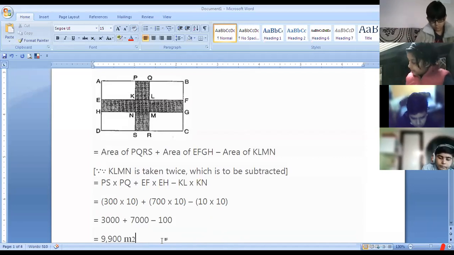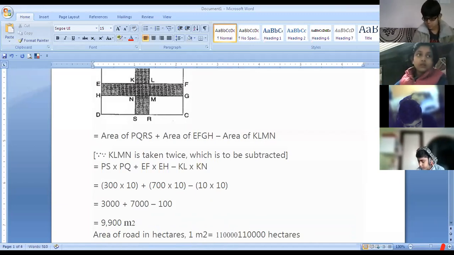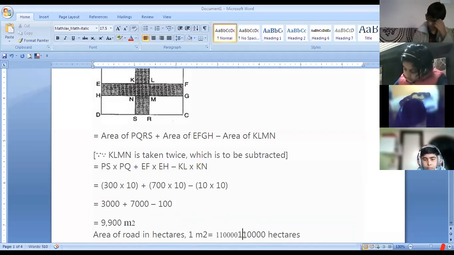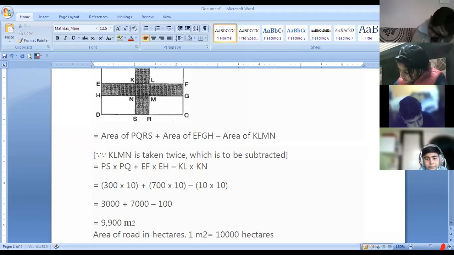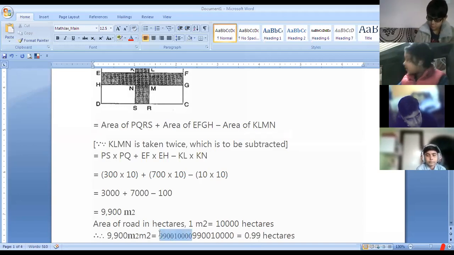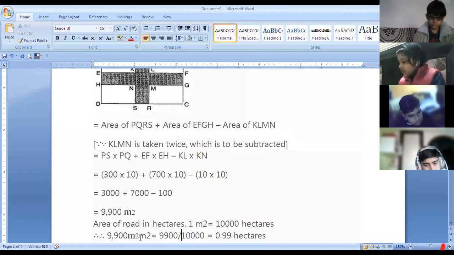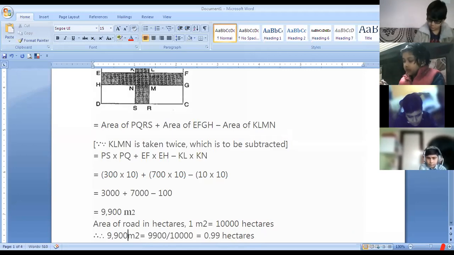Now in this question, we have to take out the area of roads in hectares also. So area of roads in hectares: 1 hectare is equal to 10,000 meter square.